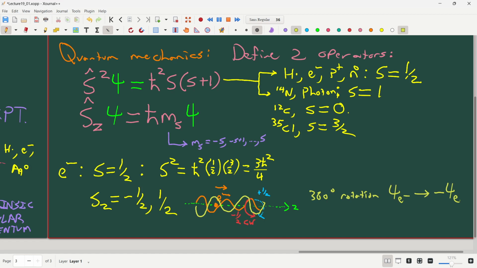You can imagine, what if my electron is in a p orbital where it has angular momentum around my proton? Right, it's rotating. That electron also has spin angular momentum that's there as well. So what does that mean? That means that the electron, which is orbiting, is also rotating itself, right? It also has some intrinsic angular momentum to itself.